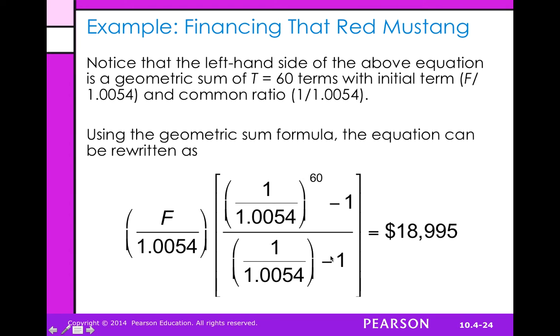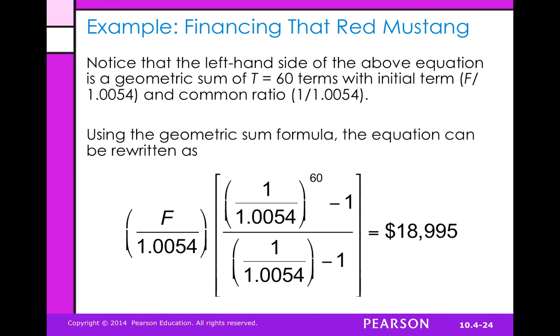This is a nasty looking fraction, but you take 1 divided by the rate plus 1, raise it to the 60th power, and again, this 60 comes from 5 years monthly. You're doing 12 things a year for 5 years for a total of 12 times 5, which is 60. So that's where that comes from. And all of that is supposed to equal this 18,995.